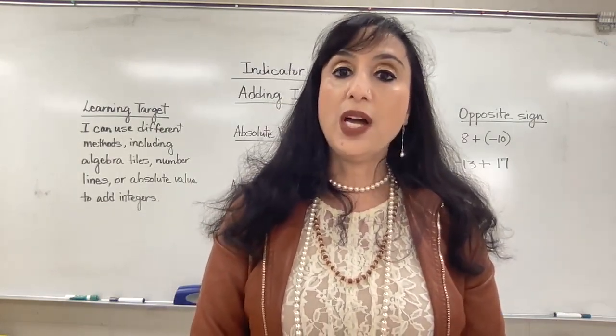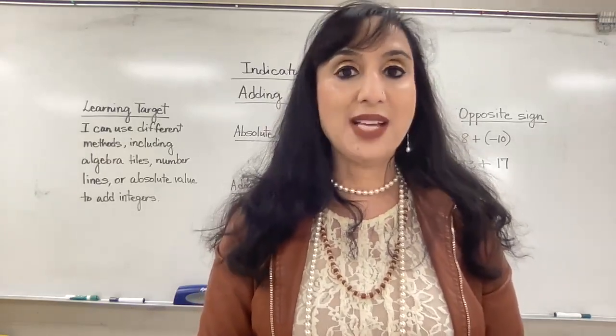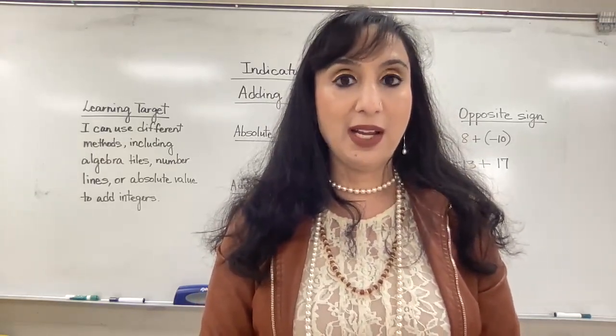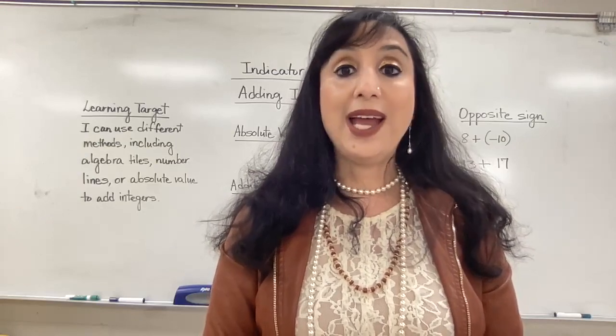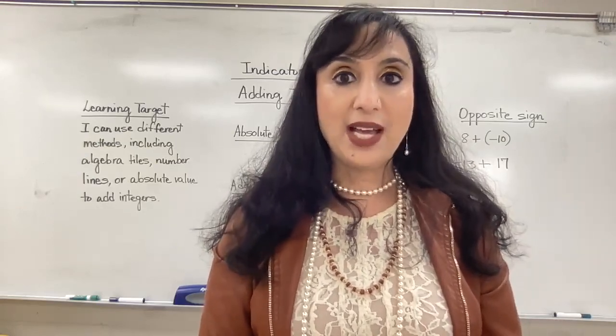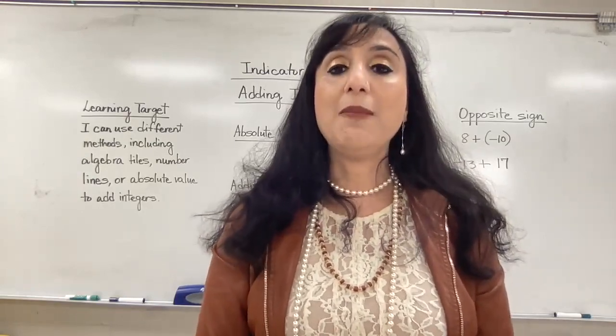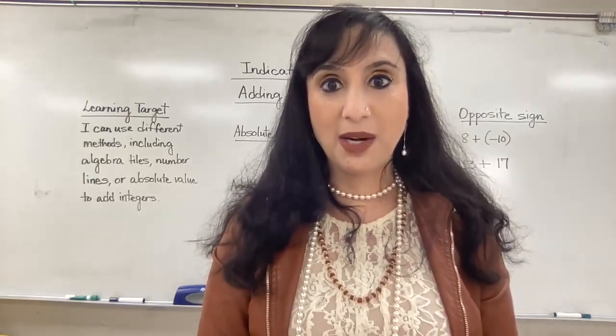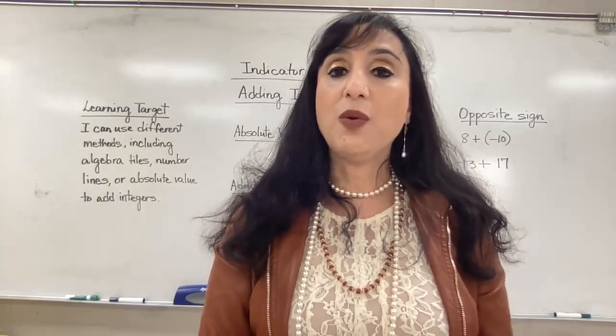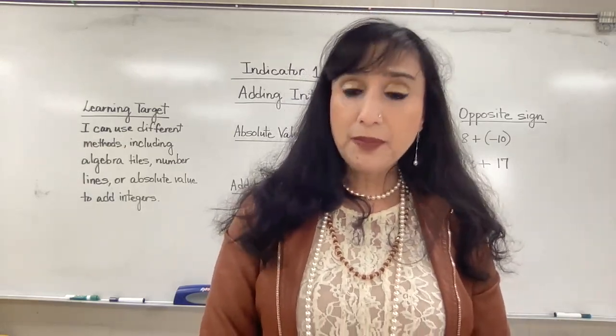So two integers can have exactly the same absolute value. Any integer and its opposite, like 5 and negative 5, are both the same distance from zero on the number line. Okay, so that's what absolute value is.